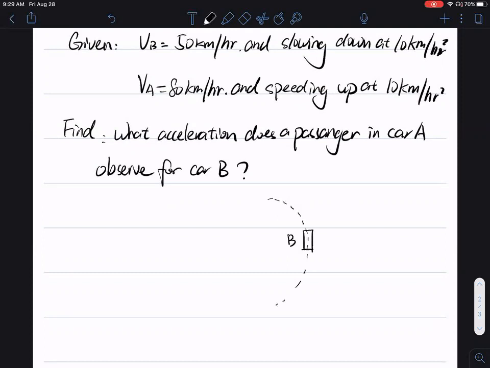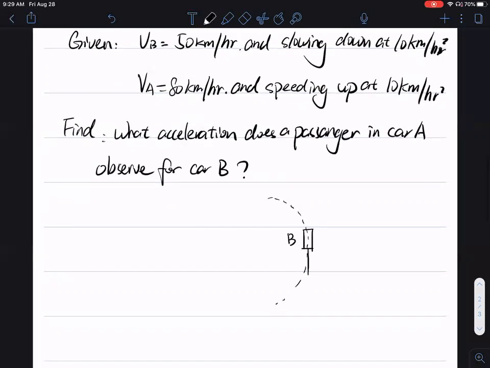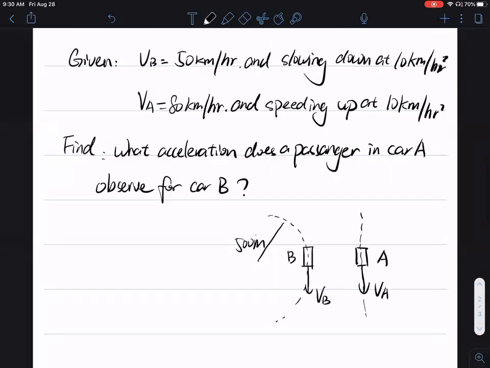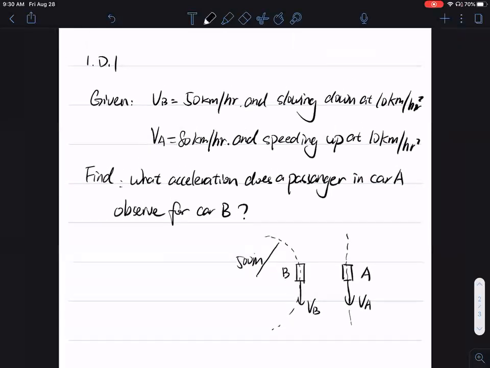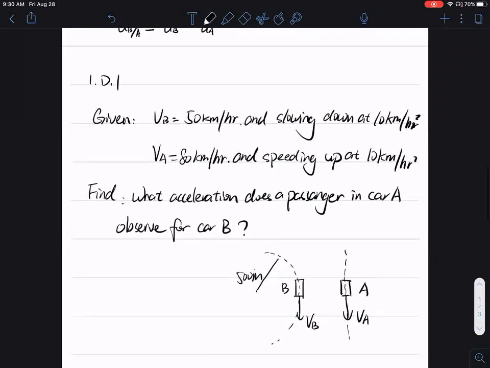Car B is moving along a path, and the path has a radius of 500 meters. Car A is moving on a straight line. Yeah. So this is everything we know.